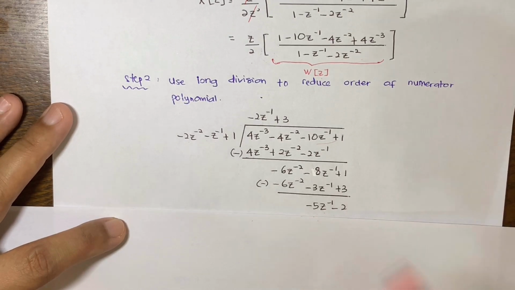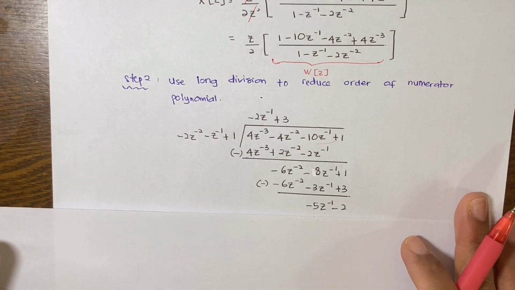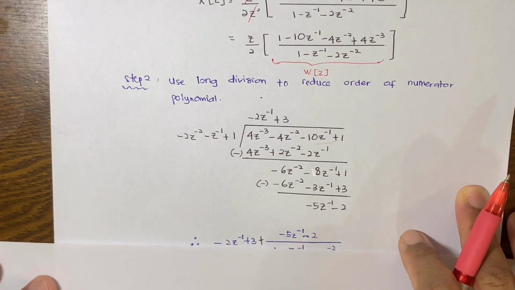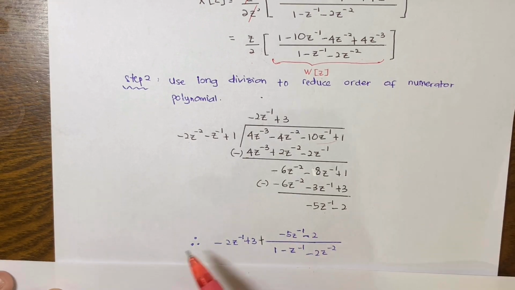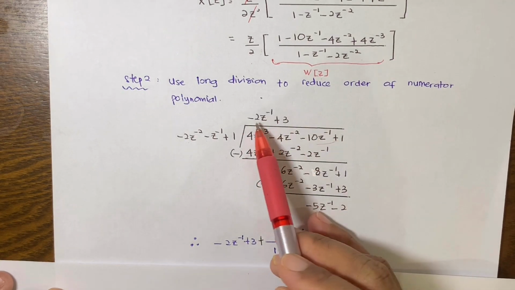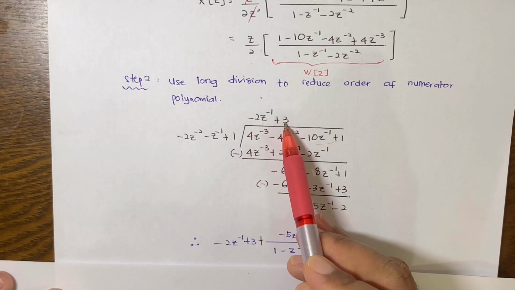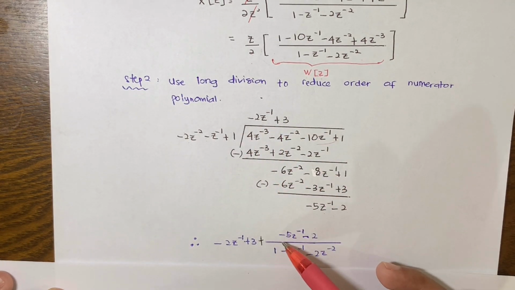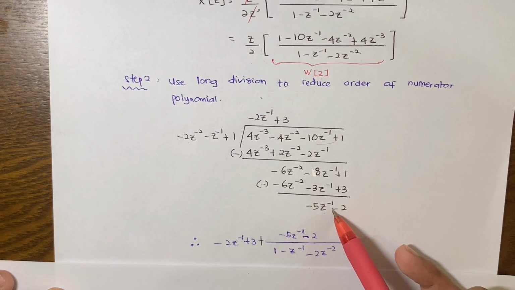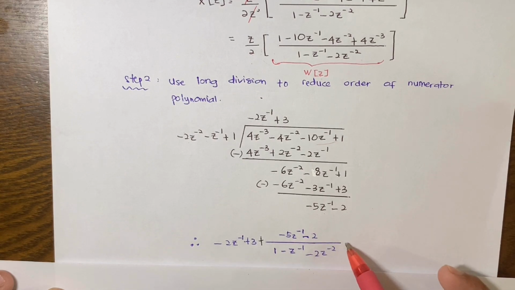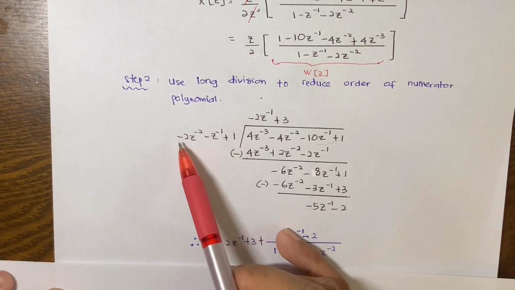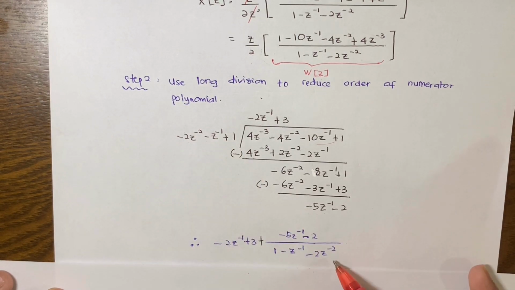Then how we arrange this long division method, the answer is like this. This is the final answer: negative 2z to the power of negative 1 plus 3, plus (negative 5z to the power of negative 1 minus 2) over (1 minus z to the power of negative 1 minus 2z to the power of negative 2).